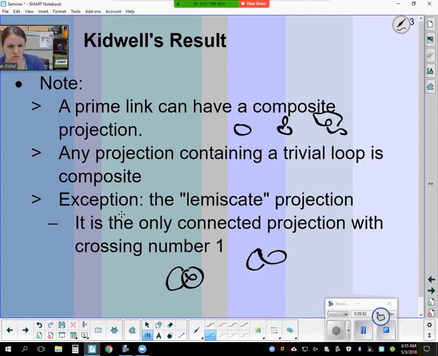Now our article says this is the only projection that does that, and this confused me because I thought, okay, say we had something like this. Technically that is a different projection and it also fails to fit this, but he's thinking of that, I suppose, as the same thing, although it's not. Because it is the only connected projection with crossing number 1, it forms a little bit of a basis for some of what he does moving forward.